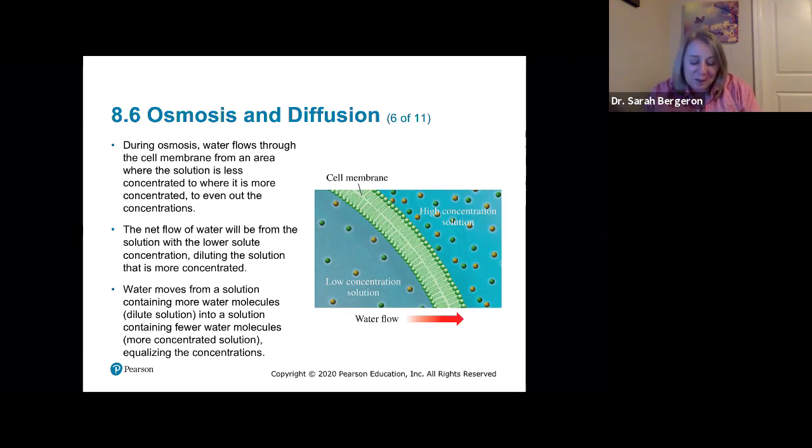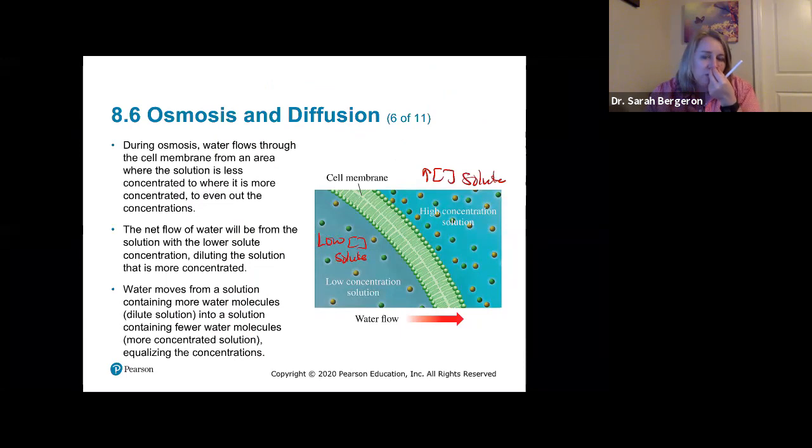So you have to think about concentration of the solutes. Here, this is a low concentration of solute, and this is a high concentration of solute. I don't really like how they just say solution. I would prefer if they would say solute.